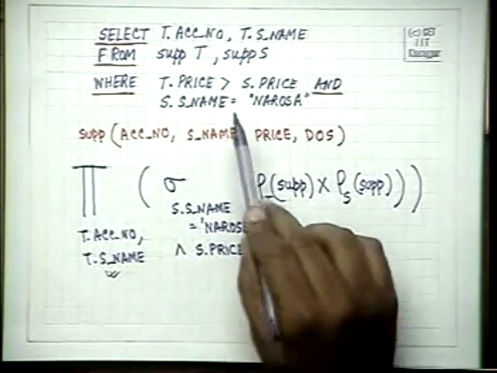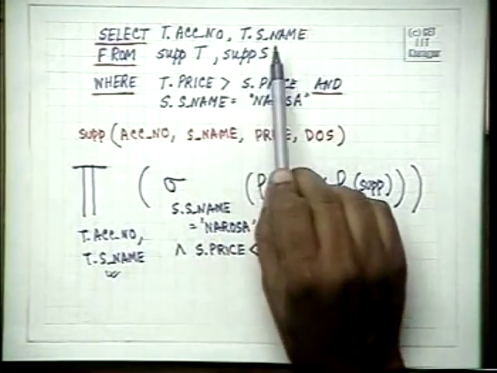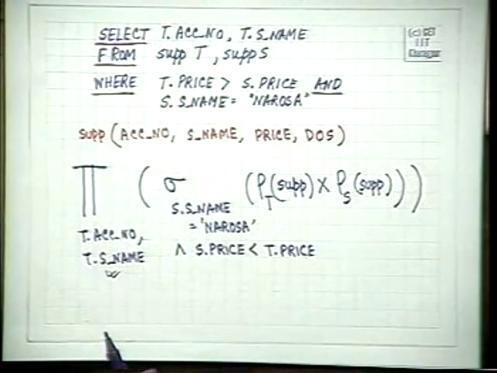So this query is equivalent to saying: select out the name and address of those persons who have supplied even one book whose price is more than the least price of a book supplied by Narosa.